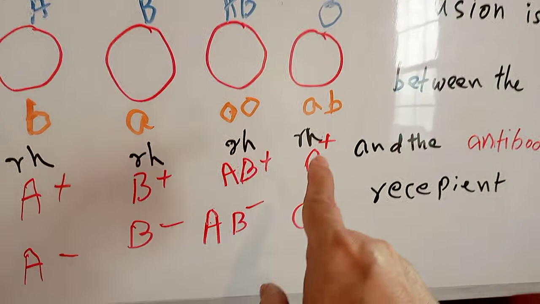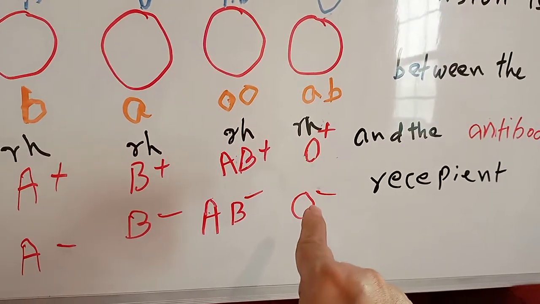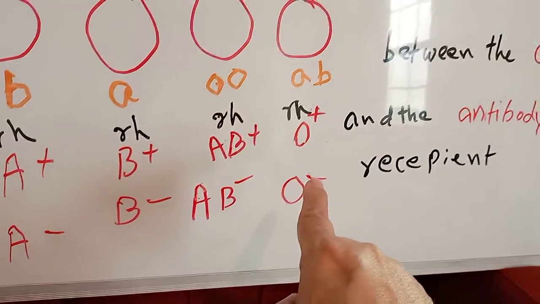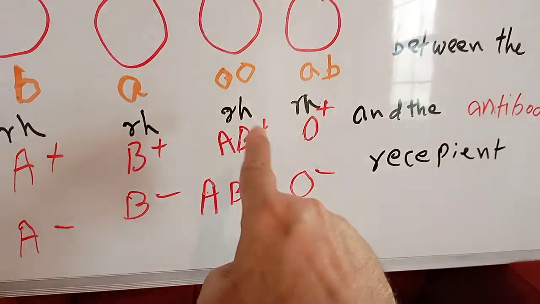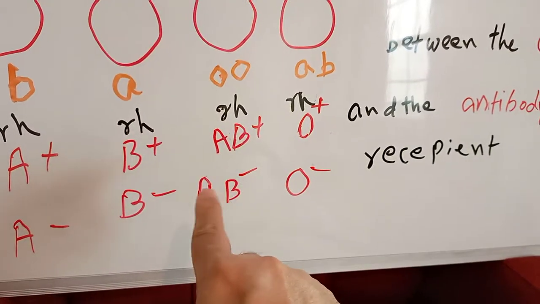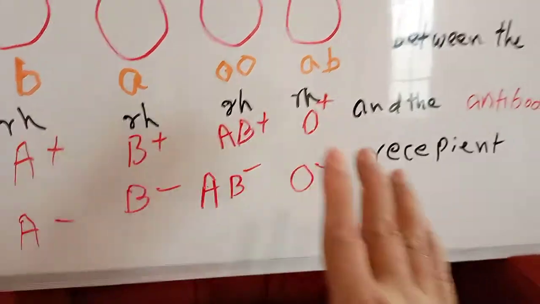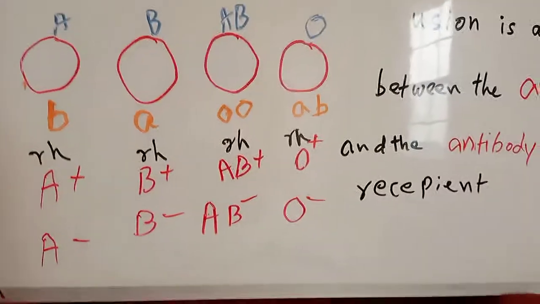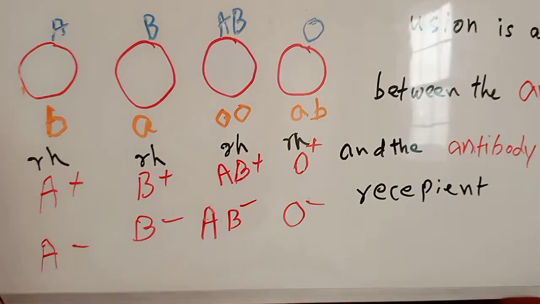If that is present, blood group is positive. If that is absent, blood group is negative. AB positive means RH is present along with A and B. And AB negative means blood group is AB, RH is not there. So positive and negative just tell us about the RH, which is a small group, and this should be considered.